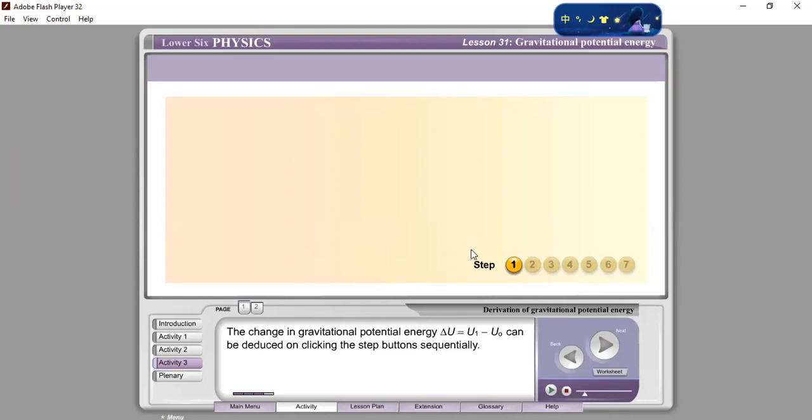So this shows the relationship of the change of the gravitational potential energy.